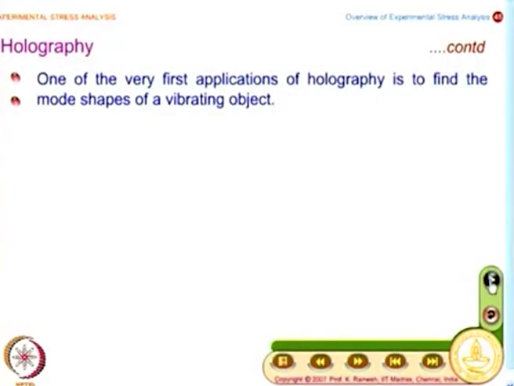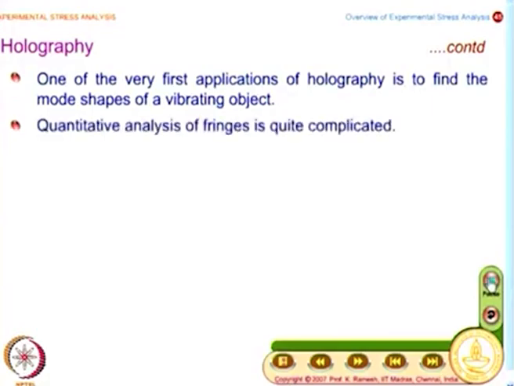But interpretation is quite complicated. Why is it complicated? Quantitative analysis of fringes is quite complicated because we record a lot more information than we can handle, since you are looking from planar surfaces to arbitrary curved geometry.